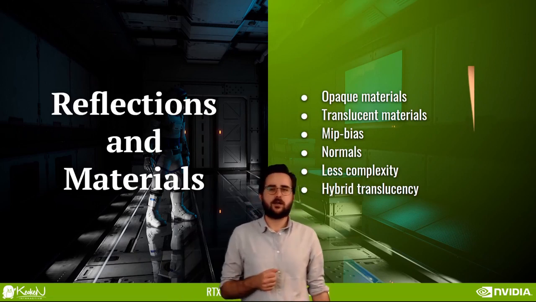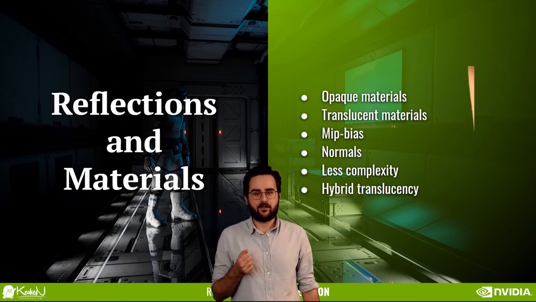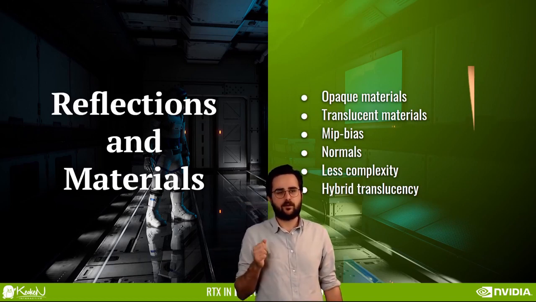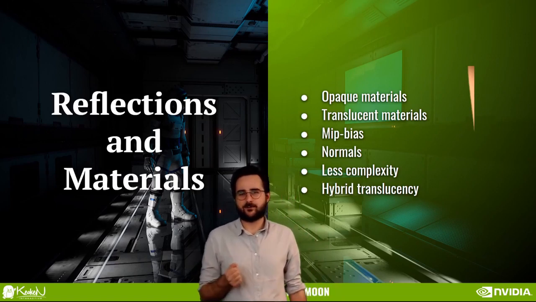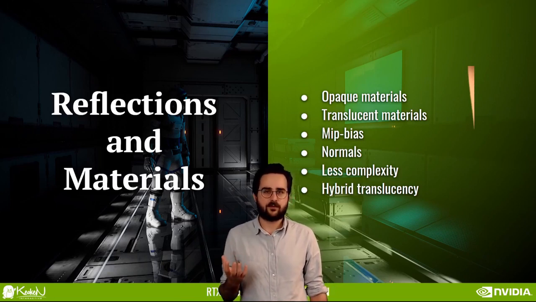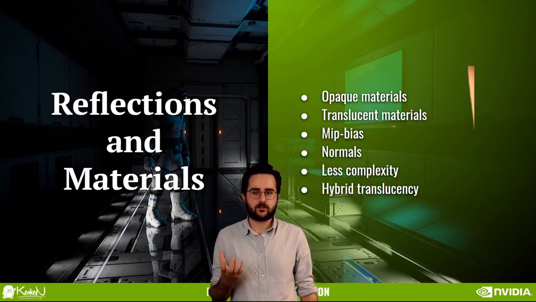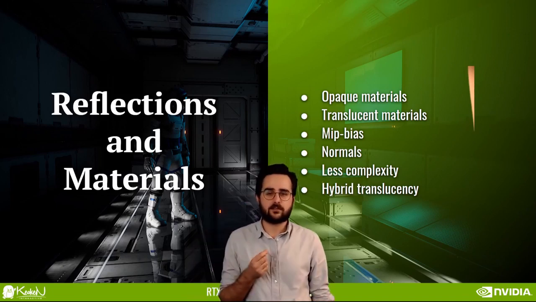We're also going to talk about the MIP bias, which we use to reduce the used memory bandwidth and improve texture caching. Also going to talk about normals and how we can reduce the noise in those, the high frequency noise in particular, to make sure that the reflected images look crisp and clear.